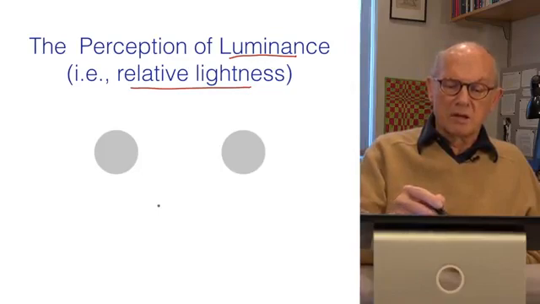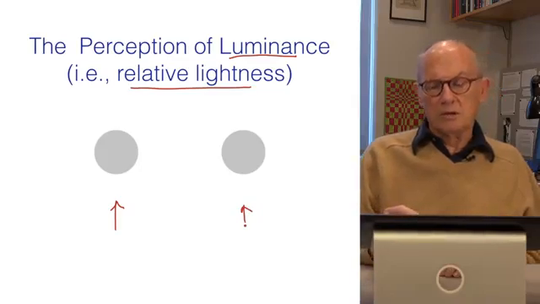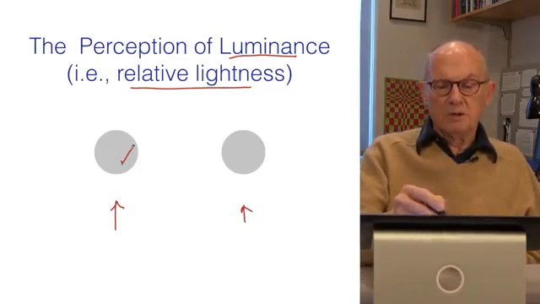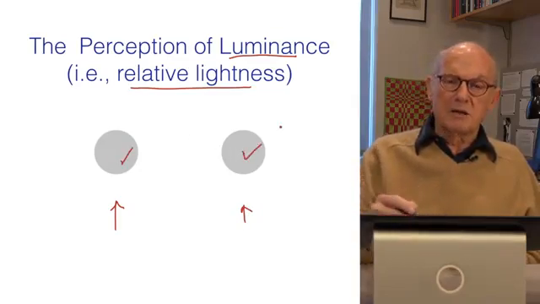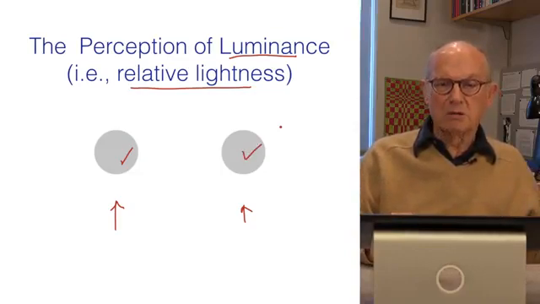So let's consider these two circular patches presented to you on the same background. If you took your photometer to them, you would find that this one measures exactly the same number of units of light intensity. Those are physical units, typically expressed in candelas per meter squared.